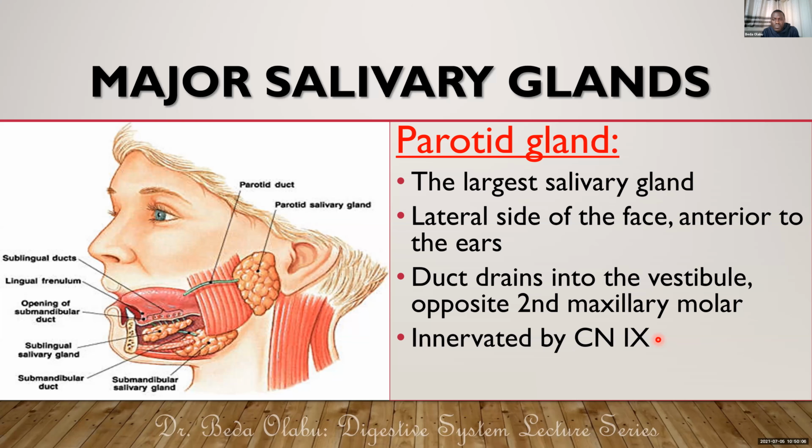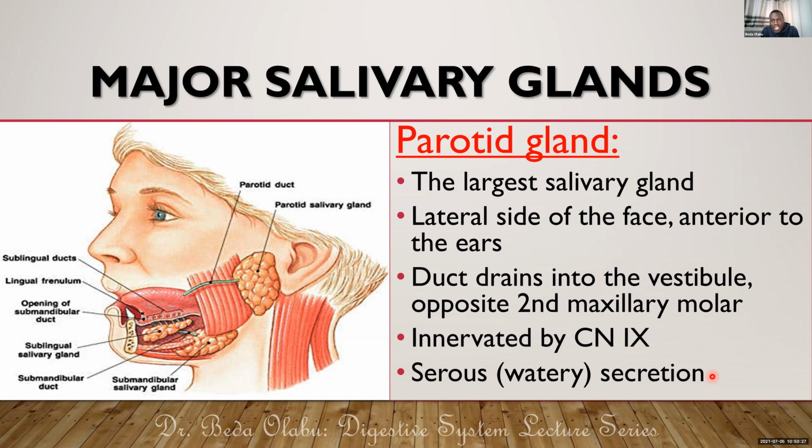So the glossopharyngeal nerve is parasympathetic to the parotid gland. And the secretion from the parotid gland is predominantly serous. And this should make a lot of sense.